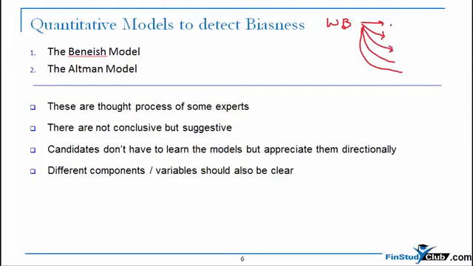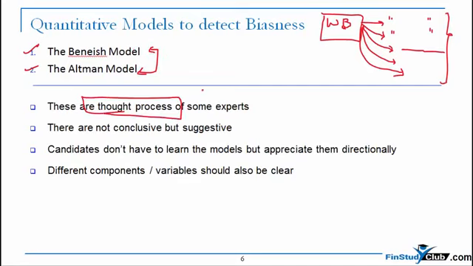Let's say he's going to say the management quality has to be good. He's going to say the working capital ratio has to be something something. He's going to say your fixed asset turnover. So all I'm trying to say is he as an individual will have some notions according to which he makes his judgment. So here are two models created by such gentlemen who, according to their thought process, considered the bias in different companies.